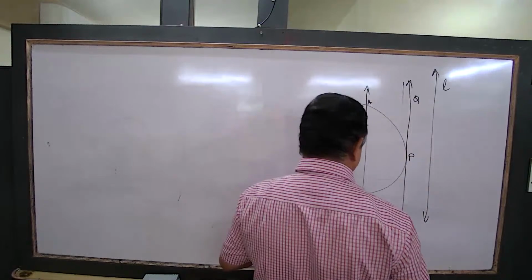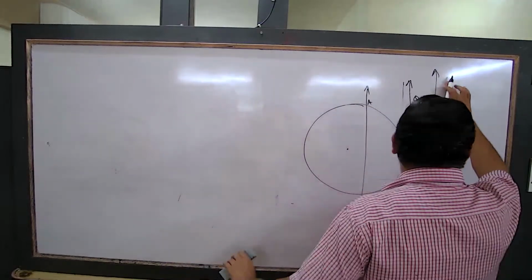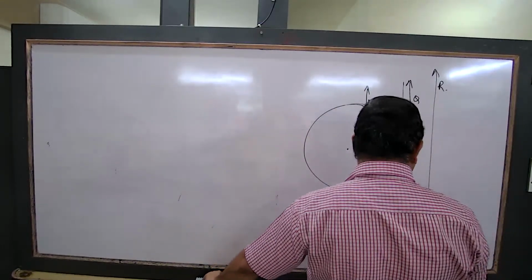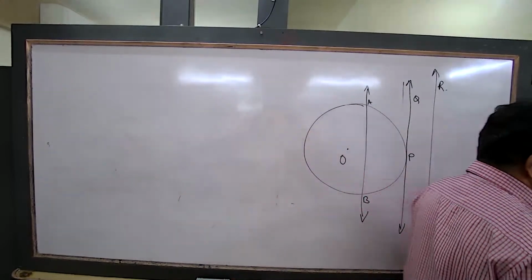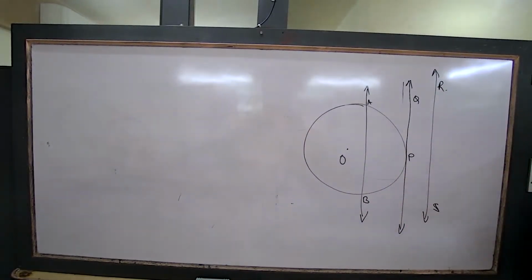Okay, let's take the line as RS. The given condition is a circle with center O, and RS is the line.